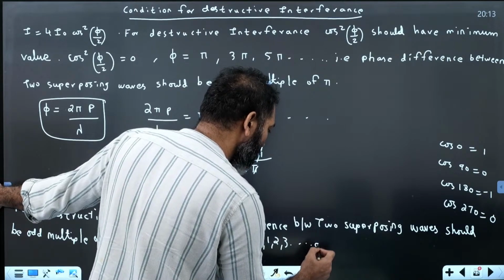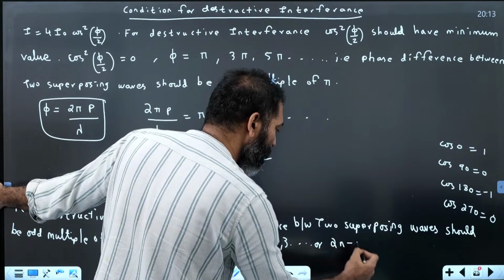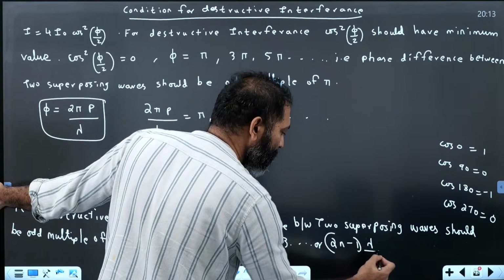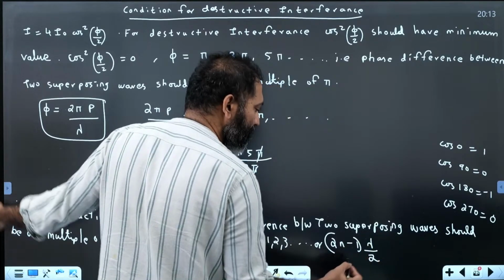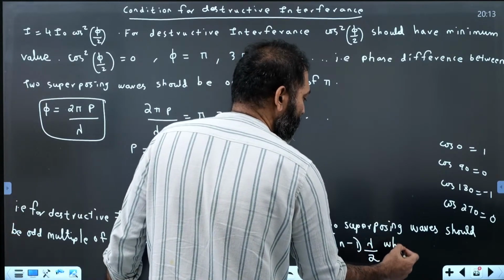Or (2n minus 1) lambda by 2. With this formula also you will get the same answer, where n can have value 1, 2, 3.